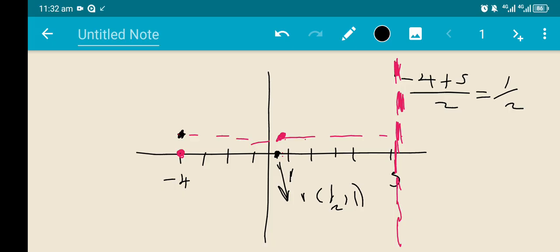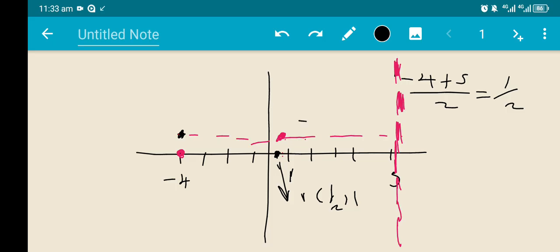Then the focus, which is this, would be located at negative 4 comma 1. Though p is not necessarily 4, p is 4 plus half. I don't know if you get that.